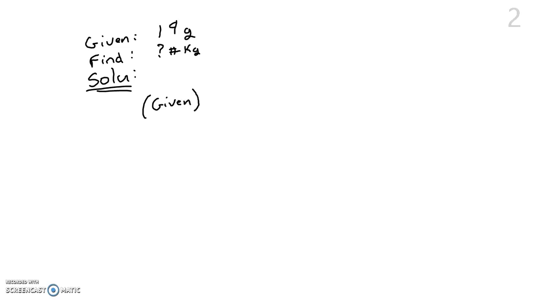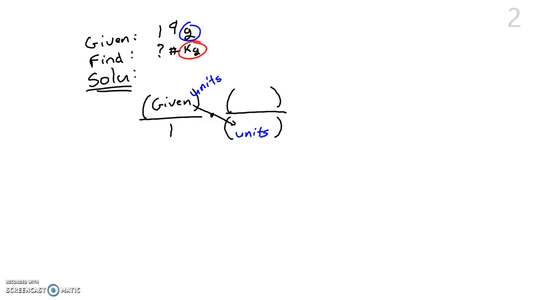We always start with what's given. This is our first fraction. We'll multiply that by another fraction, but the units have to be the same. So whatever units I'm given, in this case grams, that's the same units that are going to be down here. Whatever units I'm trying to find, say kilograms, that's going to be the units up here.